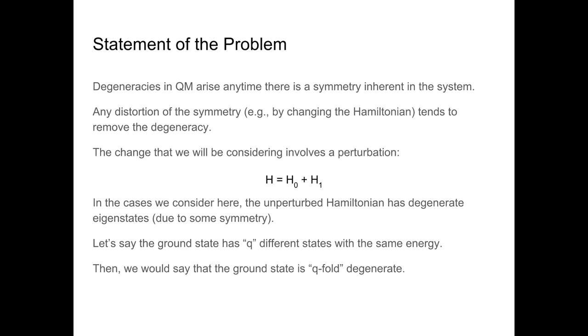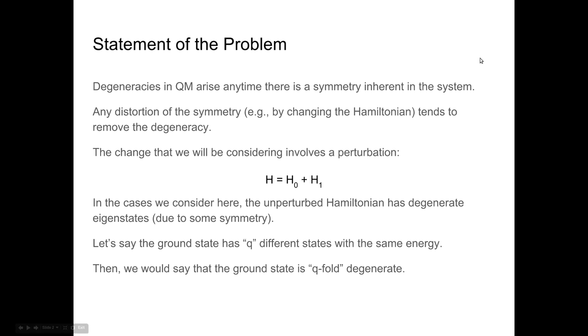However, if you take the Hamiltonian that has this symmetry and you distort it somehow, this tends to remove the degeneracy or degeneracies if there's more than one. And the way we're going to do that is we're going to change the Hamiltonian by adding on to it a small perturbation.